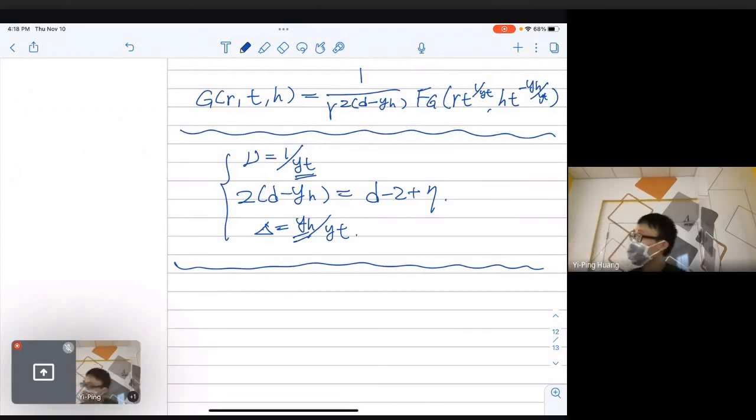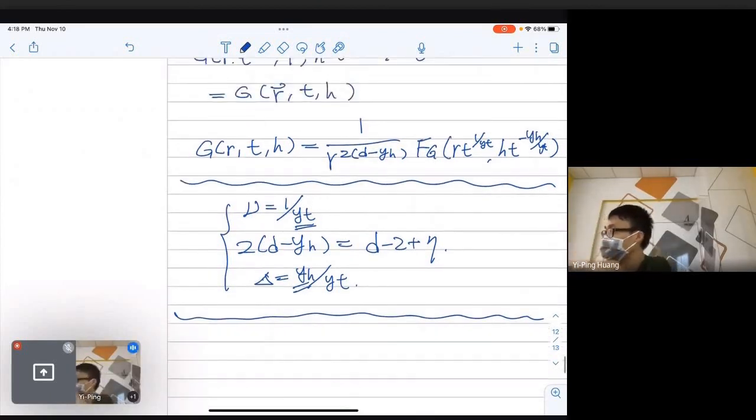Okay? So once you make this assumption, it turns out that you reparameterize your critical exponents, alpha, beta, gamma, and delta, using two different exponents, yt and yh. So at this moment, we are doing nothing.